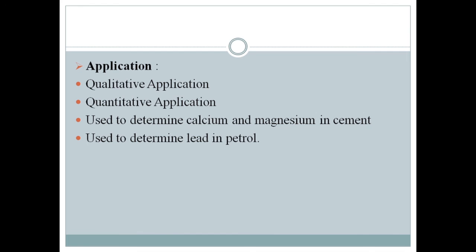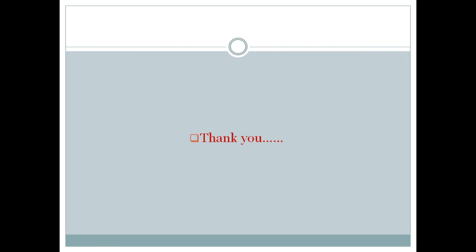This gives an idea of the concentration of these ions in the soil which can be taken up by the plant. This is the quantitative application, and these are the applications of the flame photometer. So thank you, dear students.